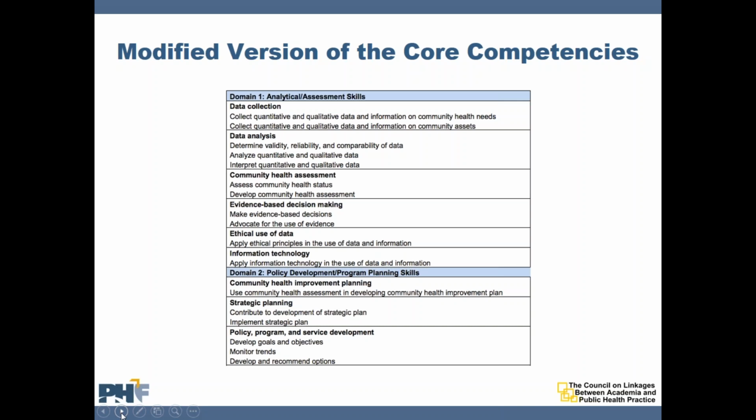So for example, if working with data is a big part of your job, you're probably going to need to have skills related to a variety of aspects of data analysis. Because there are a number of discrete skills that go into analyzing data, this might be broken up into multiple competency statements. But in terms of identifying an essential component of your job, it might be sufficient to simply talk about data analysis as a core thing that you need to know how to do.